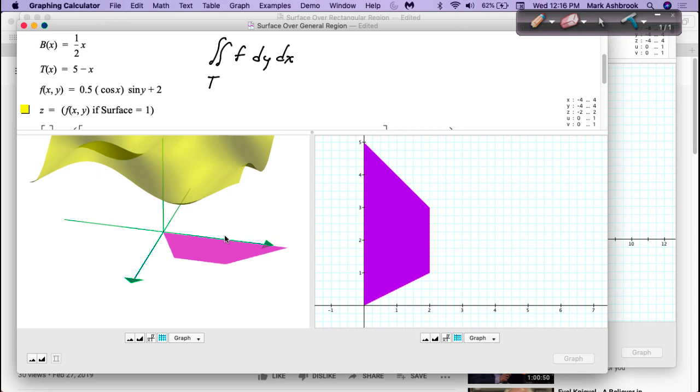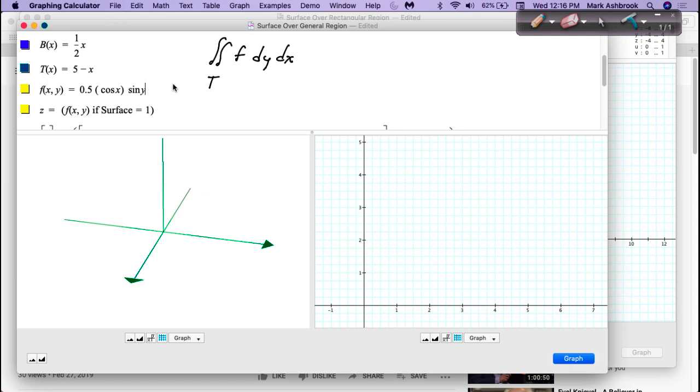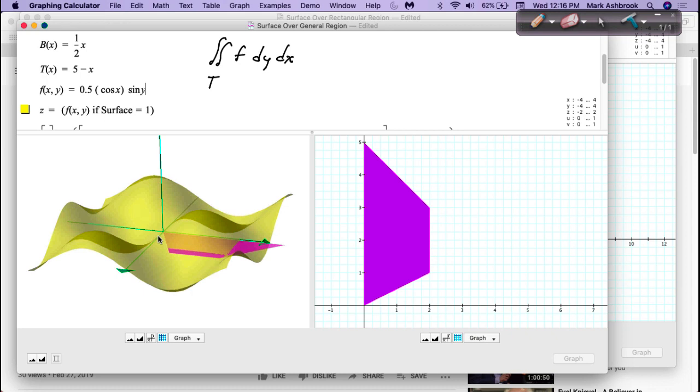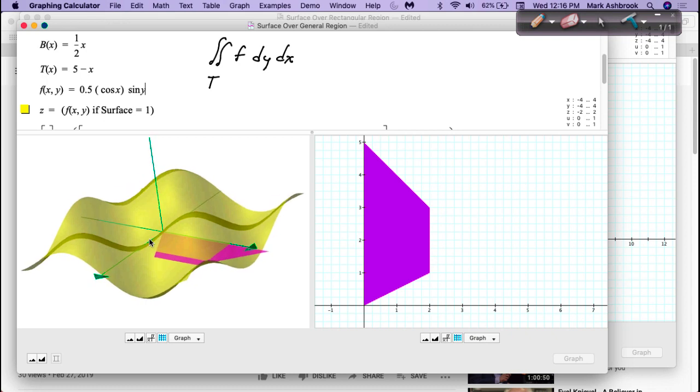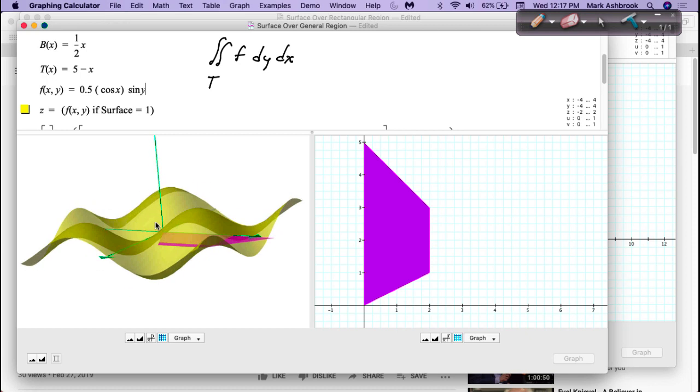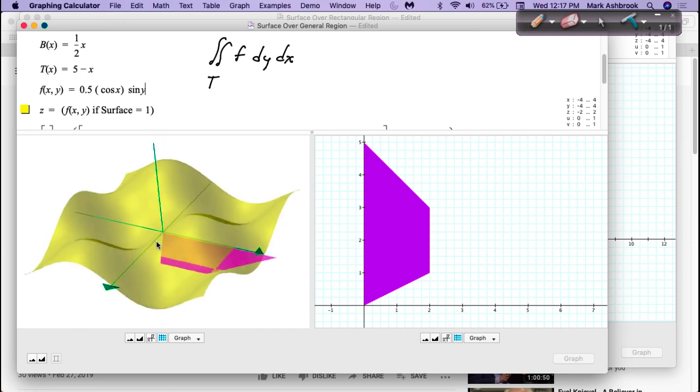Okay, what if I do this function without the plus 2? What's going to happen now? Am I going to get volume if I do that double integral? Do you see what's happening there? Do you see where that surface, where the purple is a little darker there? That's where the surface is going underneath the xy plane.